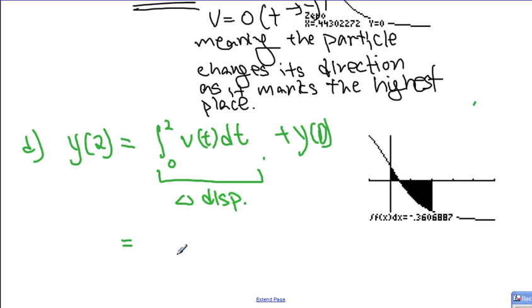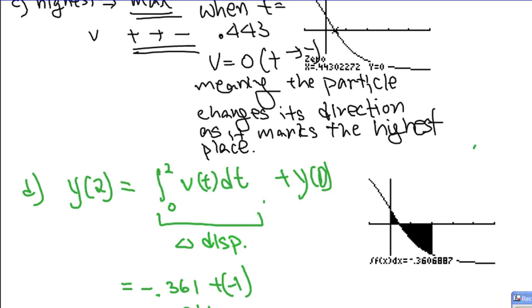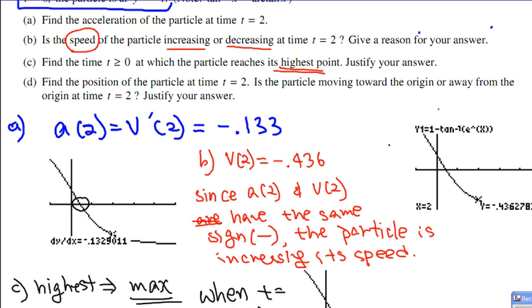So therefore, this portion would have been equal to negative 0.361. Plus y sub 0, which was equal to -1. Our final answer would be negative 1.361. That becomes our final answer.